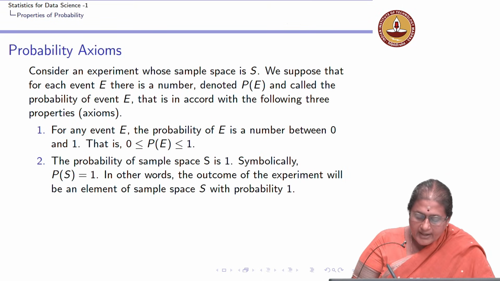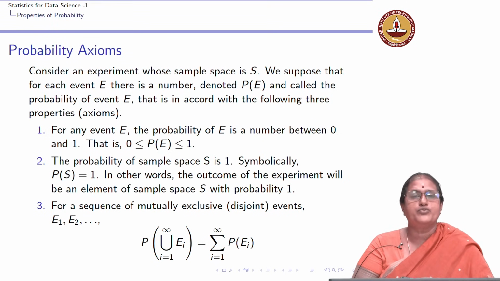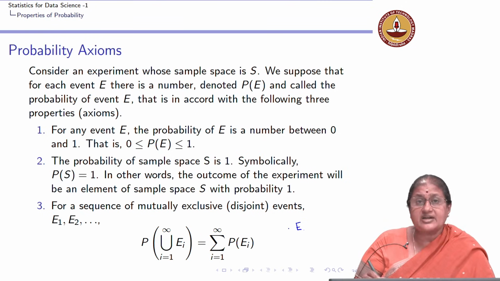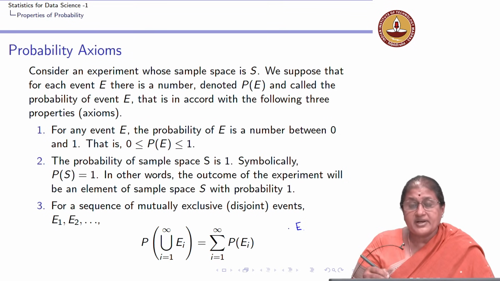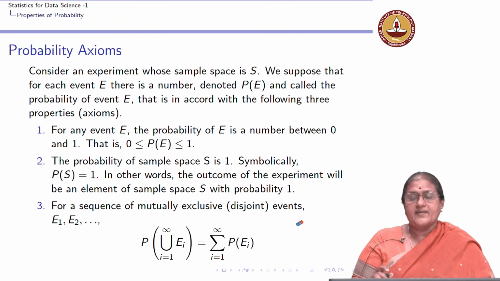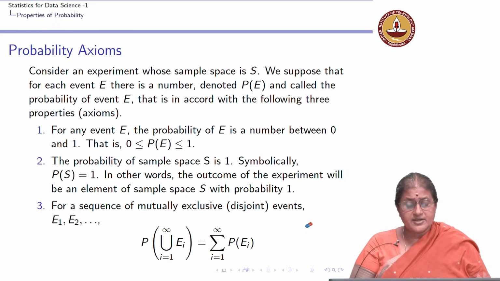The third axiom states that if I have a sequence of mutually exclusive events, we have already defined what an event is, and we also know that I can construct events given simple events. By simple events, I am just talking about singleton sets. I can construct a lot of events from simple events.